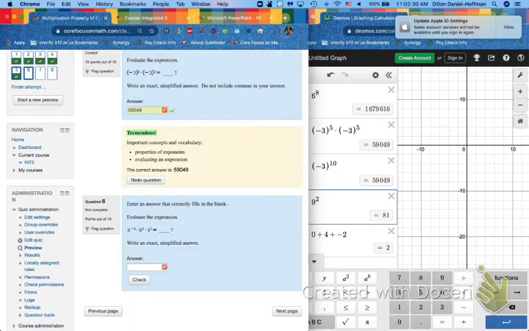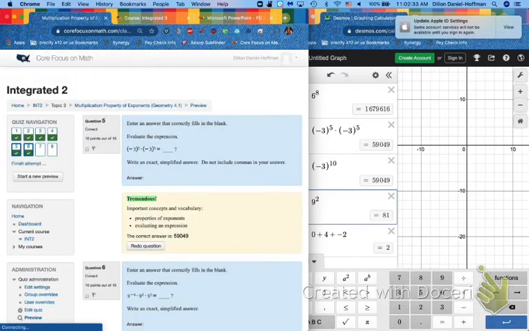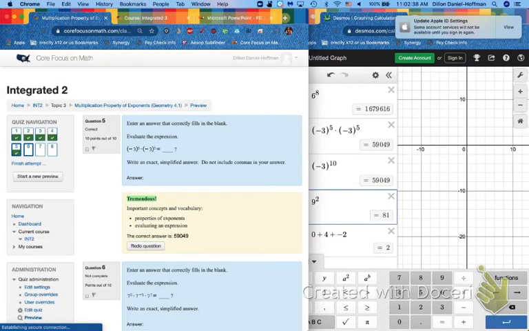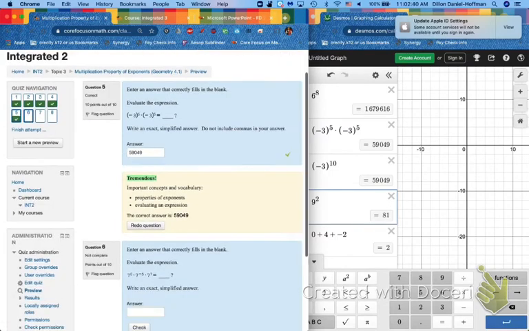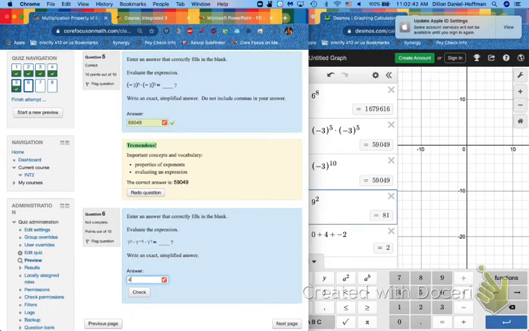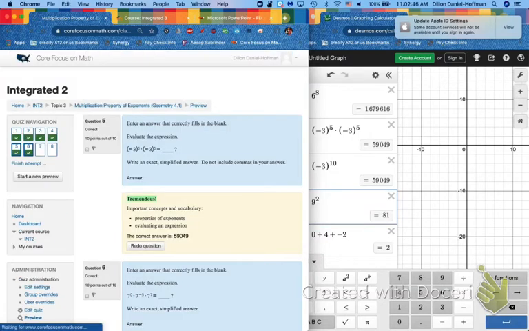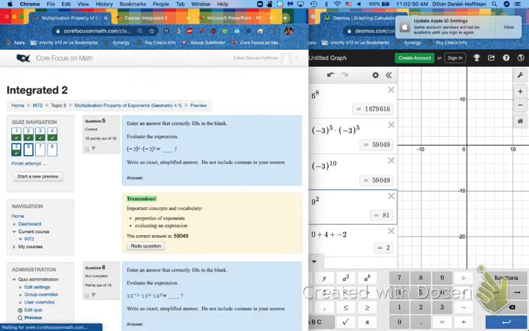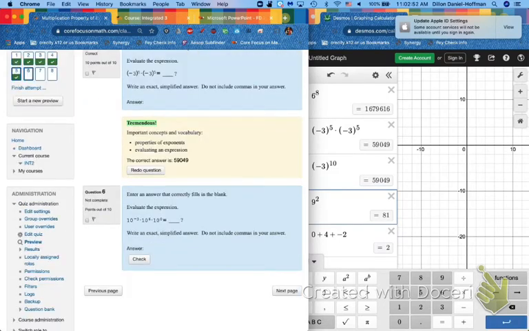Not that one. That one's just 9. Bear with me as I redo this a couple times. You could fast forward if you've already done it. If you're still stuck on number 6 because of your crazy exponent, this is just 49. Okay. Show me a negative exponent. Nope. This is what's 1,000.